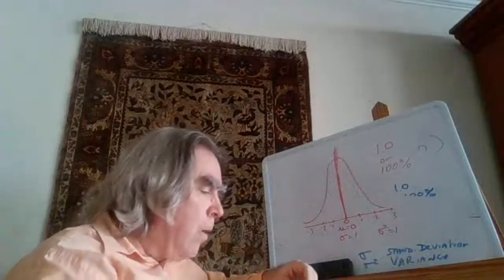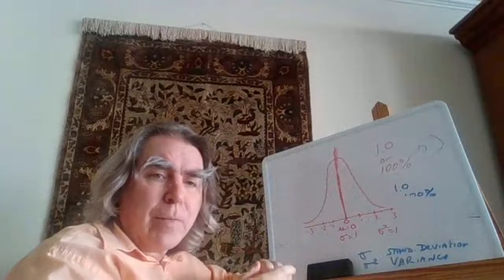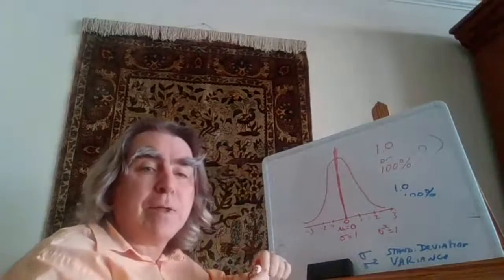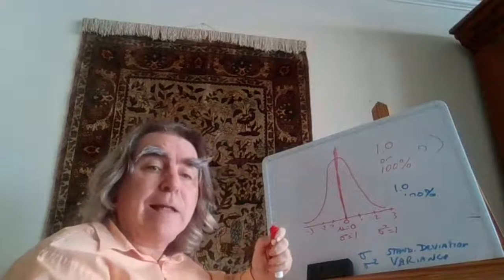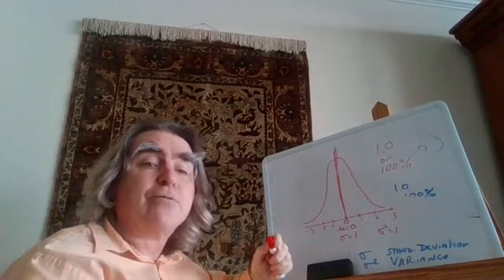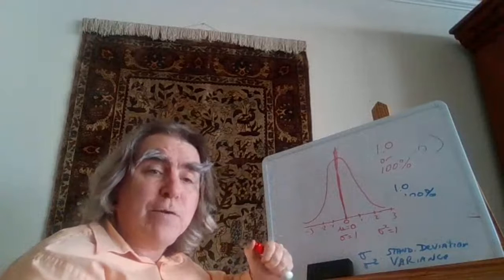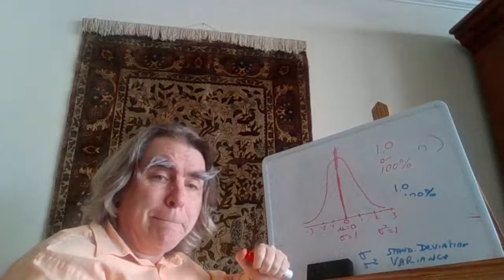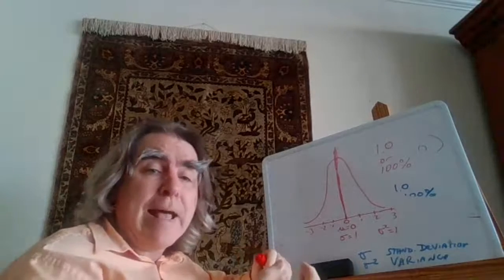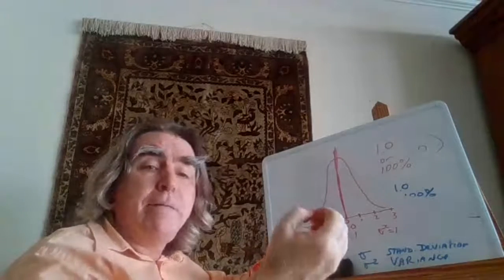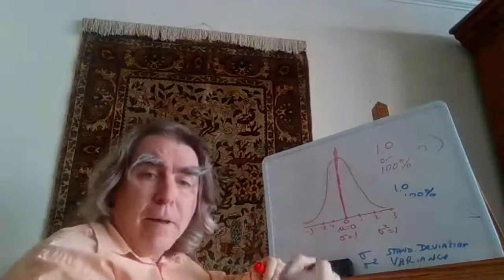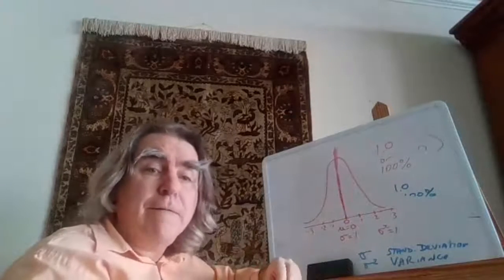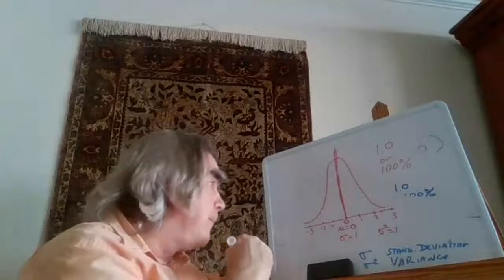So, when we ask a question about the probability of something that somebody tells us is distributed according to the standard normal distribution, we will be looking at the area above the horizon, but below the line, of the area in question.